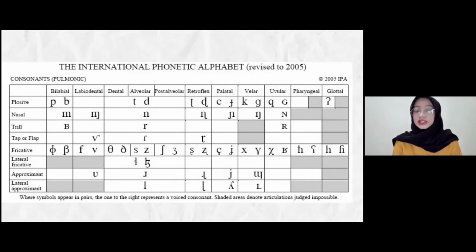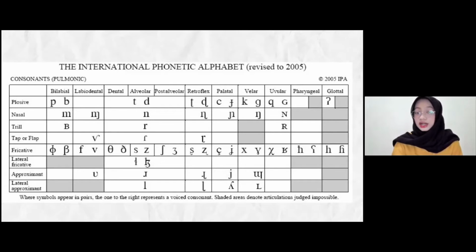Okay, let's continue with the dental, alveolar, and postalveolar consonants. Ta, ata, da, ada, na, ana, ra, ara, sa, asa, za, aza, la, ala.